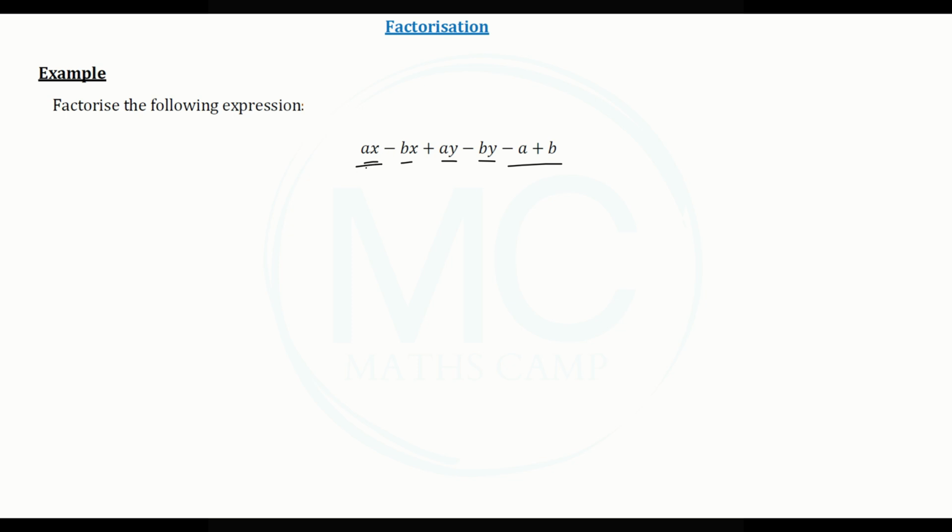We have a, and a, and we have b, b, and b. So let's rewrite this expression with all of our a terms together. We have ax plus ay minus a.